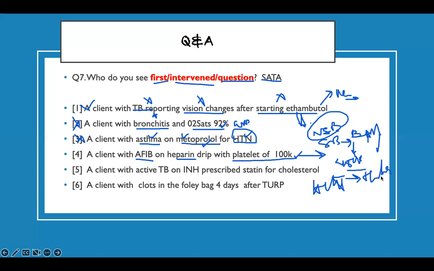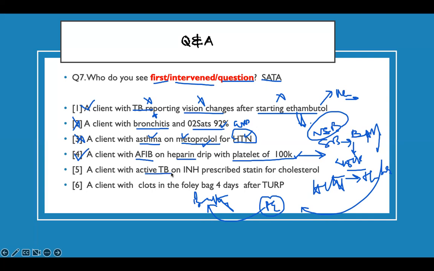Thrombosis. This thrombosis becomes what? A PE. And this PE is what? A breathing problem. You see how they can trick you? We're talking about heparin, but now we're talking about breathing. Heparin decreases the platelets, 100,000 is below 150,000. Patient is going to have clots. Clots will go to the lung, causing a PE. PE is a be-sharp moment. Therefore, I need to intervene right away.